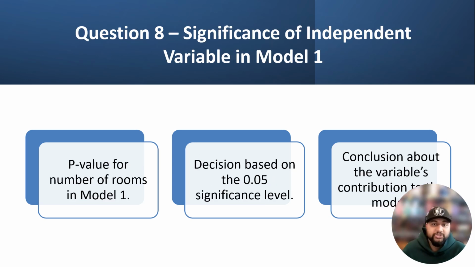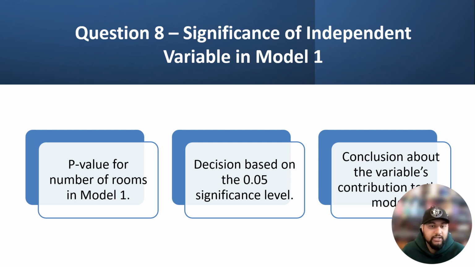Then we have question eight, significance of the independent variable in model one. In model one, we tested the significance of the number of rooms as the independent variable, with a p-value below 0.05. We rejected the null hypothesis and conclude that the number of rooms significantly contributes to the model.